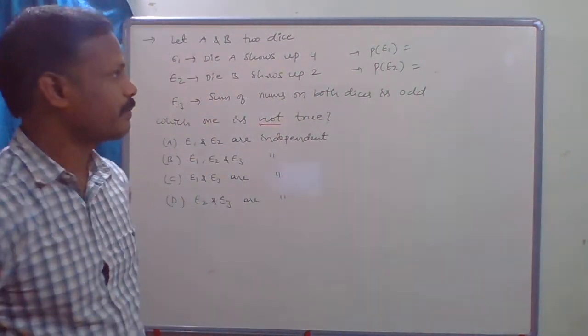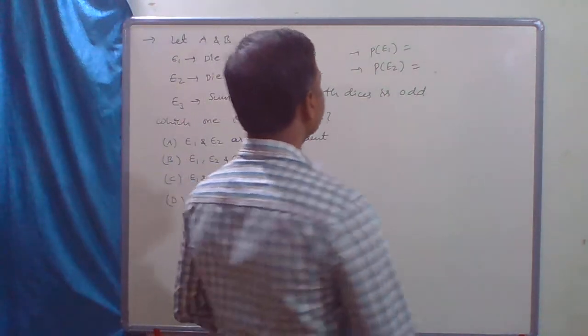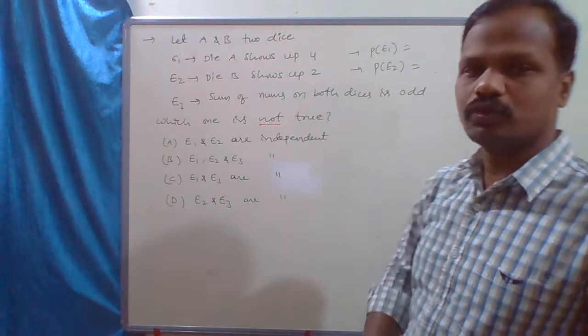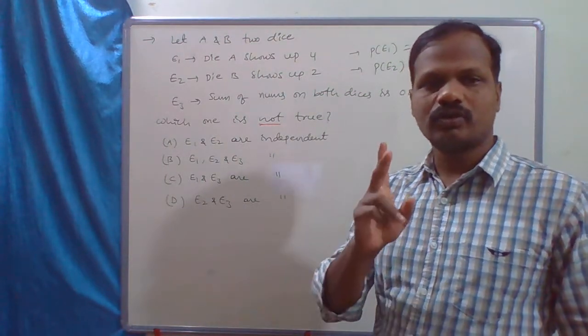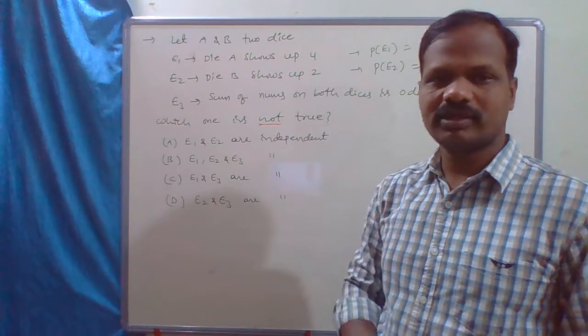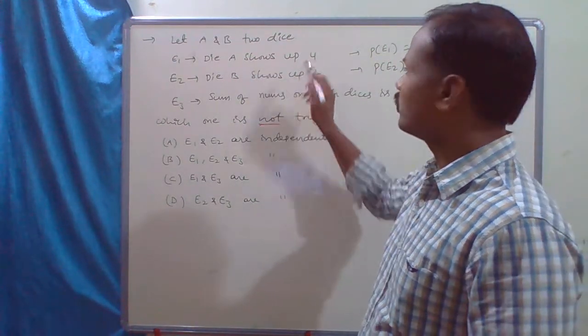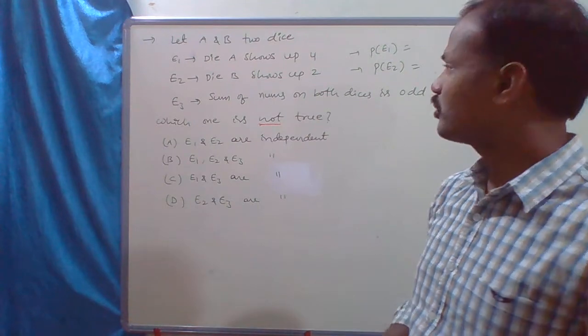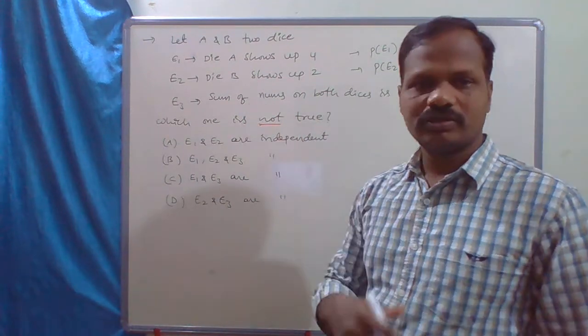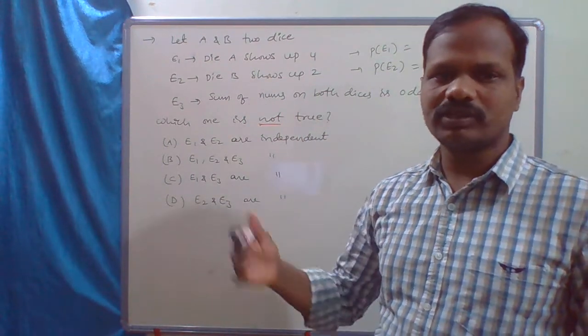Okay, fine. Now what is the probability of E1? So 2 dice rolled, so total possibilities are 36, because 6 times 6 is 36. Now die A shows 4, which means die B shows any number 1 2 3 4 5 6.